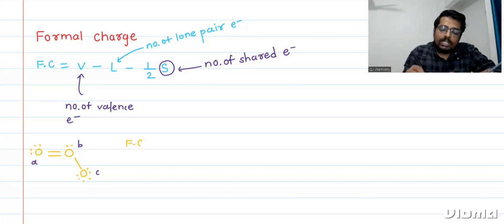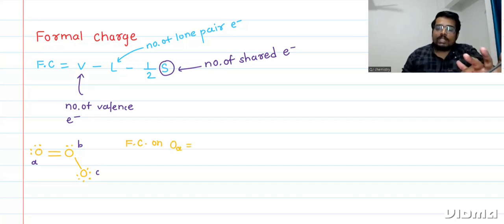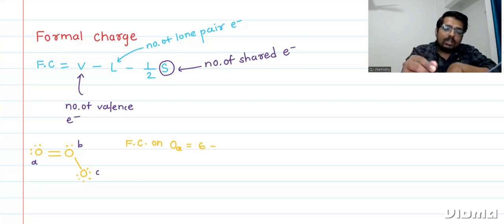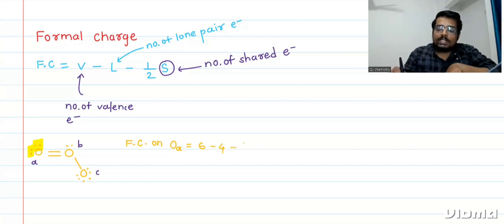Formal charge on oxygen A is equal to the valence electrons. In oxygen, the number of valence electrons is 6, minus the number of lone pair electrons. How many lone pairs are there on oxygen A? There are 2 lone pairs, which means a total of 4 lone pair electrons, minus half of the shared electrons. Shared electrons means how many bonds are there?